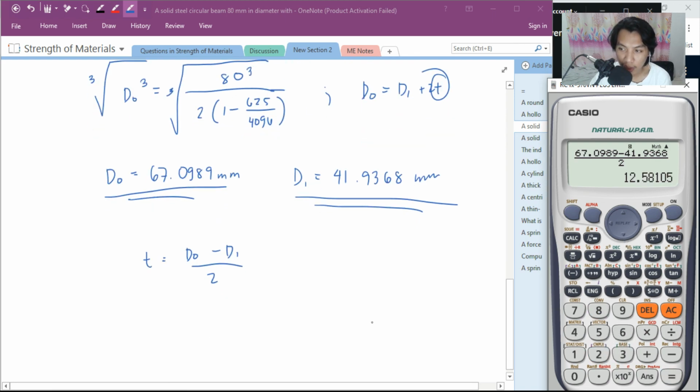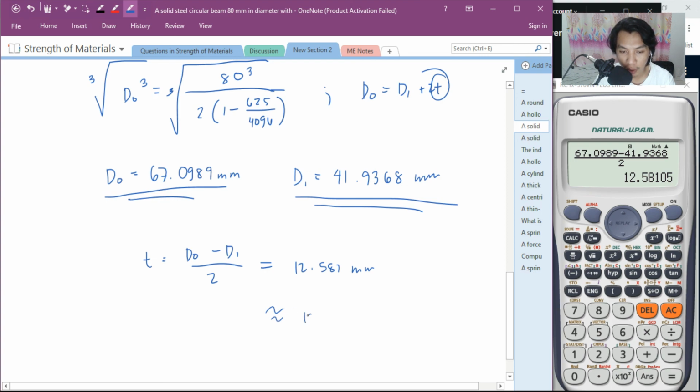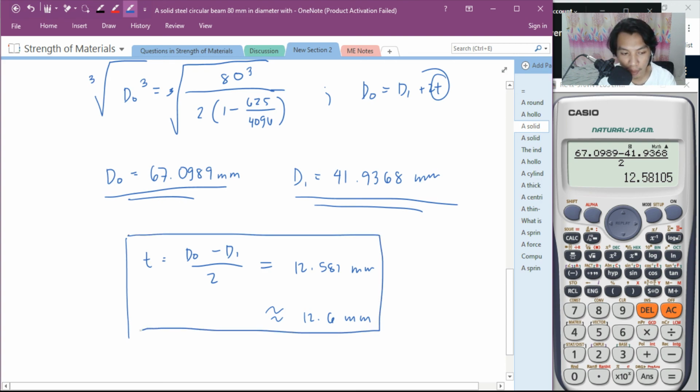The thickness will be 12.581 mm, approximately 12.6 mm. Okay, that is for problem number 3. Let us take a 5-minute break after this.